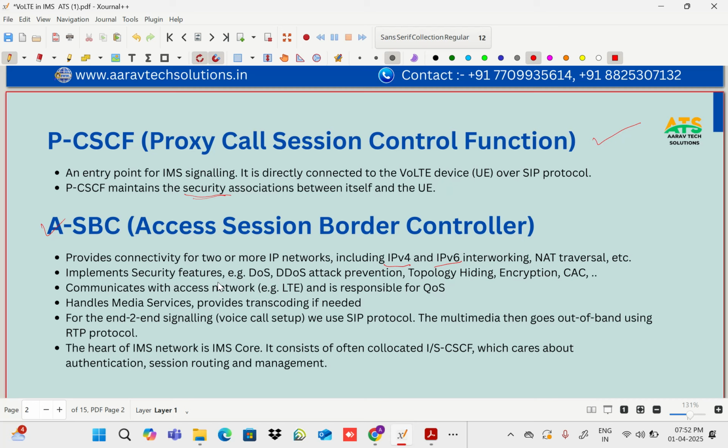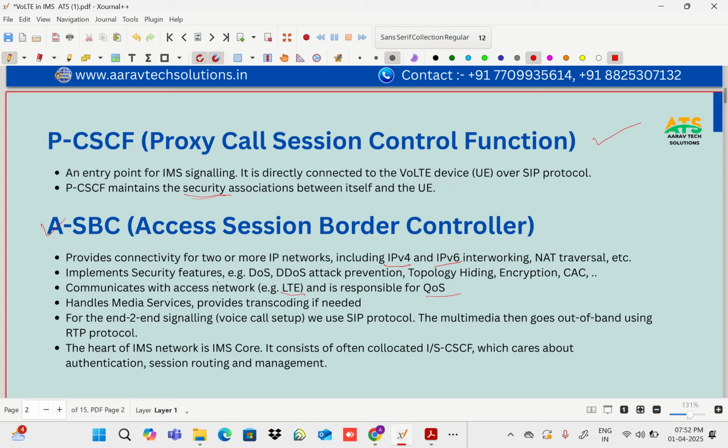It also communicates with access networks like LTE and is responsible for quality of service. It also handles media services, providing transcoding if needed.